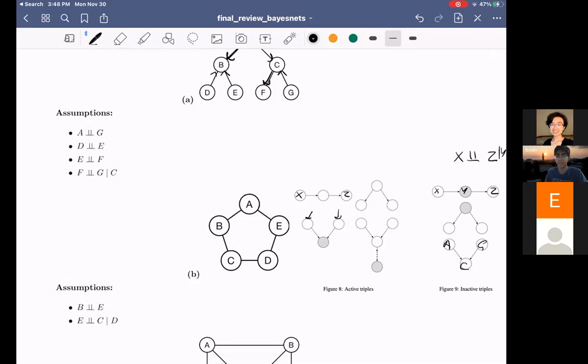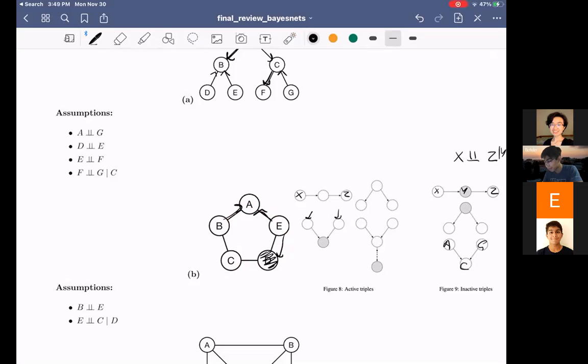Does anyone have ideas for part B? I was thinking that for B independent of E, you could use a common effect and draw an arrow from B to A and E to A. Perfect. Yeah, sure. Let's do that. And then for E independent of C given D, you could use a causal chain and draw an arrow from E to D and then D to C. Okay.